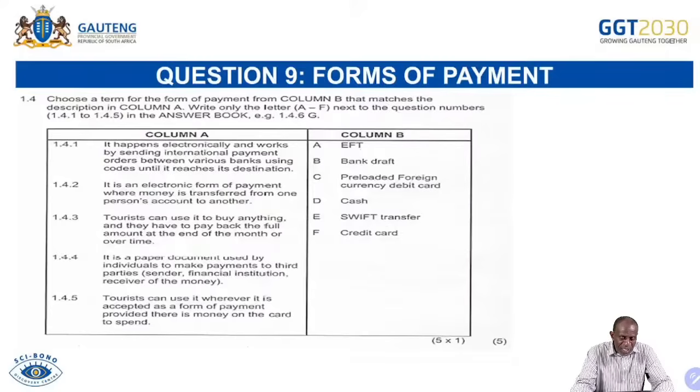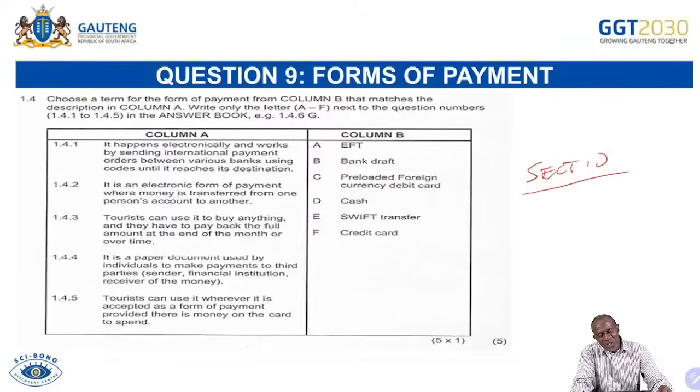So as you can see, the forms of payment was a question in section A. In section A, and it is your 1.4, column A and column B. So this indicates to us that your section A is constituted by questions from all the 9 topics that you have studied this year.